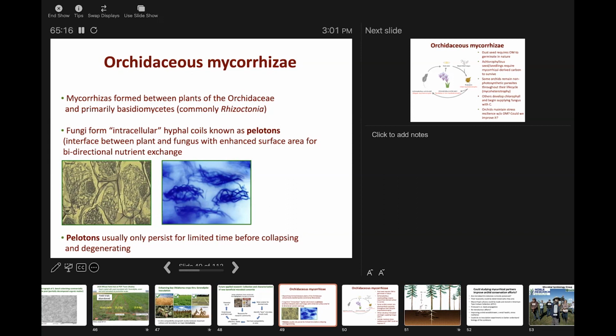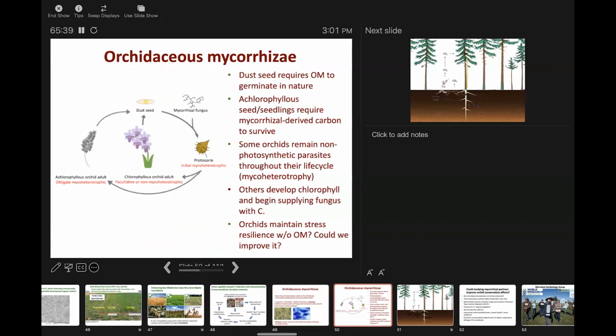These are hyphal coils, and again, they serve to increase the surface area through which the fungus can send nutrients into the plant, and the plant can send carbon into the fungus. It's all about surface area. Same with the arbuscule, same with the hyphal coils, same with the bulbous hyphae. It's all about getting as much surface area to interact with the host.